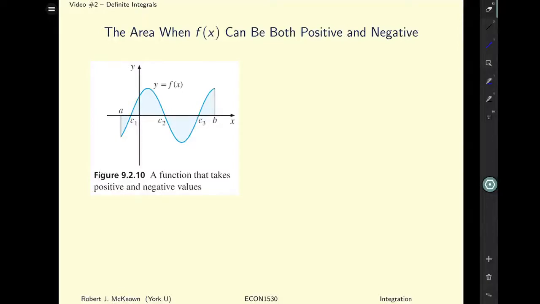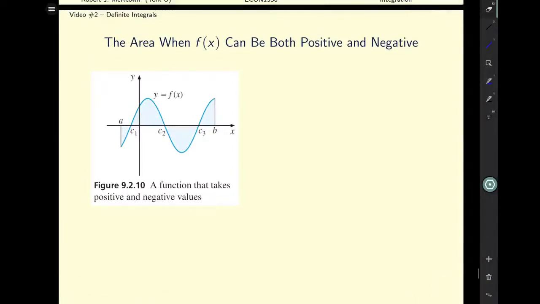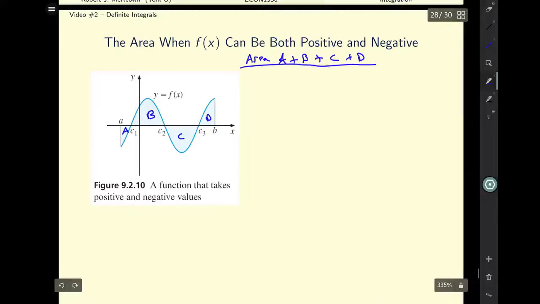So maybe I can try with a little a here and a b there and a c there and a d there. And so if I want to find this whole area under the curve, so I want to find the area a, b plus c plus d, essentially, I'm going to evaluate this function.